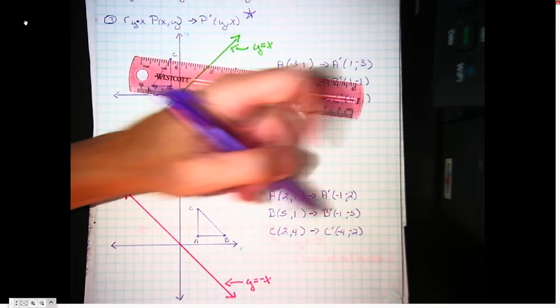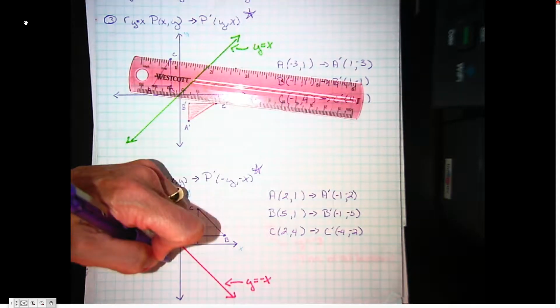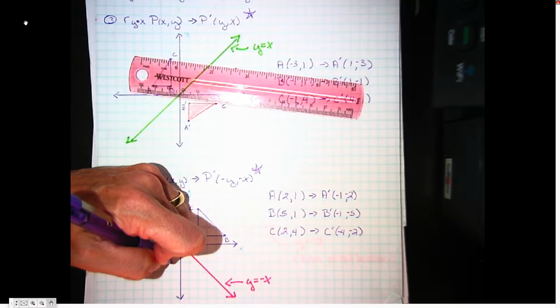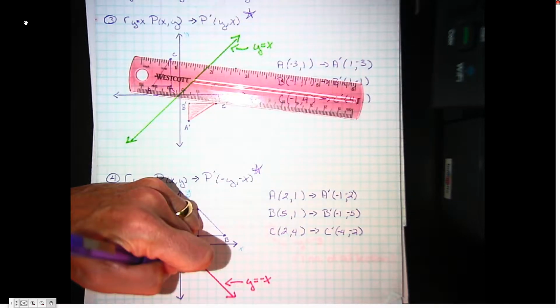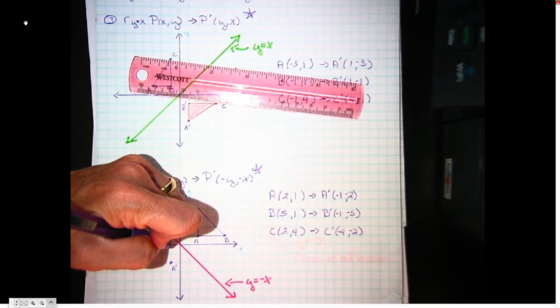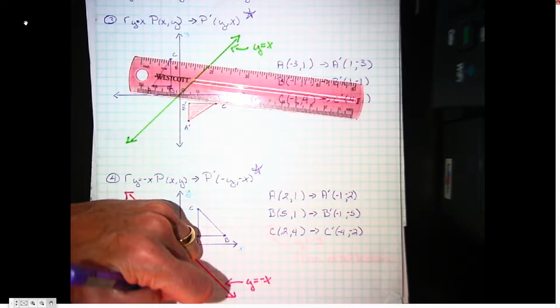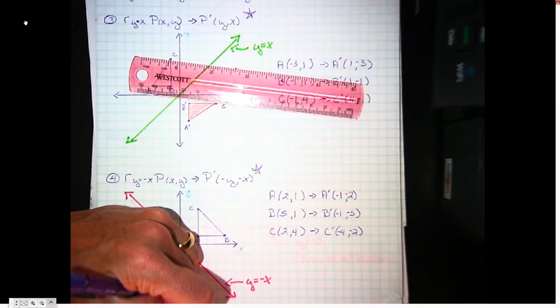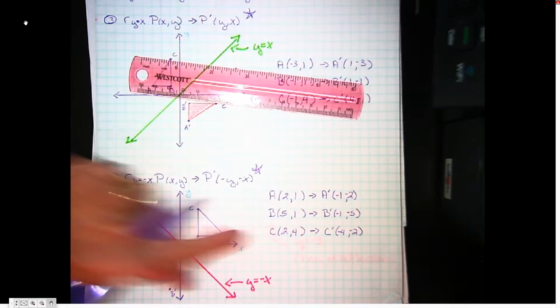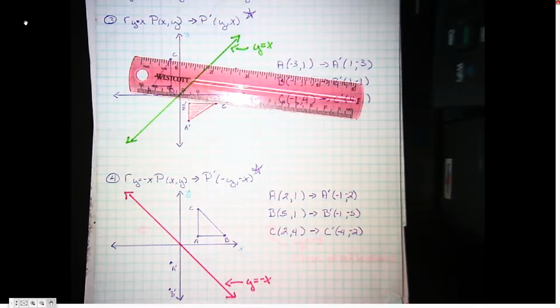Okay, so -1, -2. Right there, there's my A prime. My B prime is going to be at (-1, -5). So -1, then 1, 2, 3, 4, 5. There's my B prime. And C prime is going to be at (-4, -2).